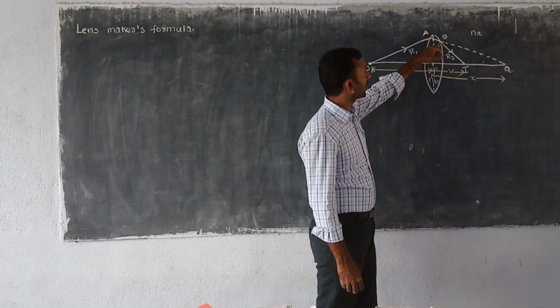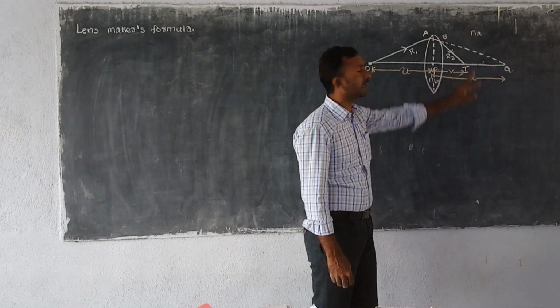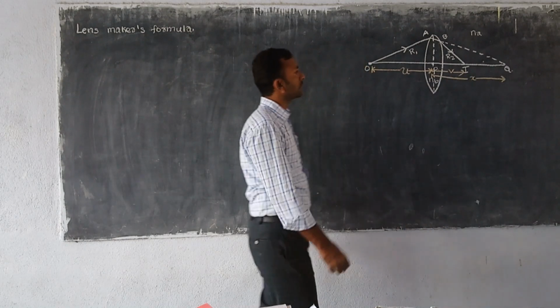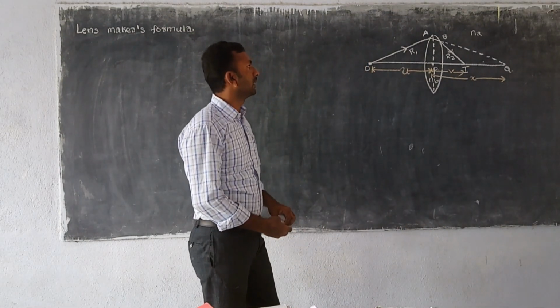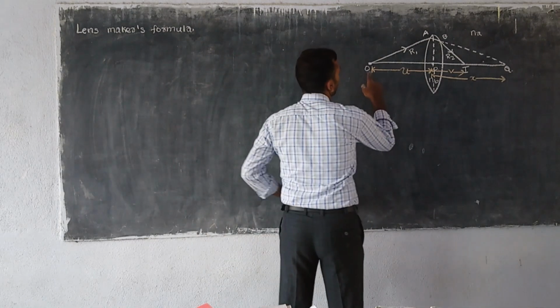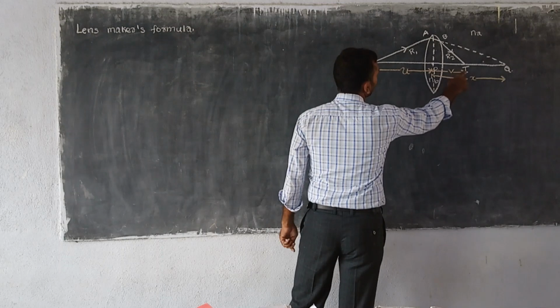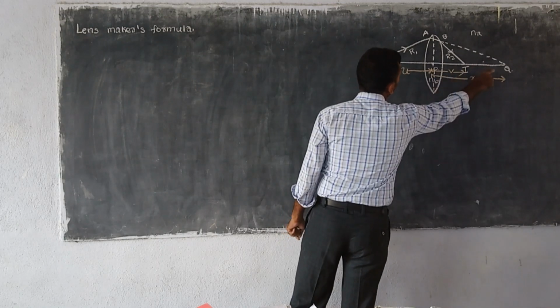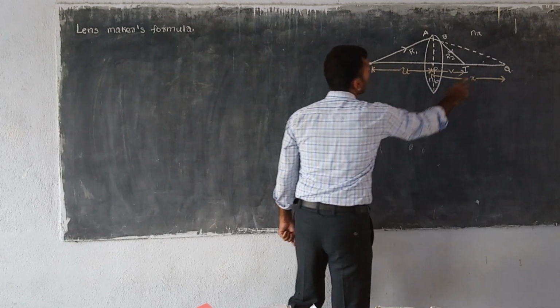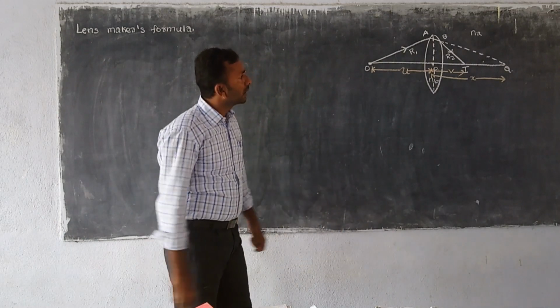The light ray refracts at B, goes in the direction of I and meets the principal axis at point I. So the object distance PO is U, the image distance PI is V, and the distance between P and Q is indicated as X.